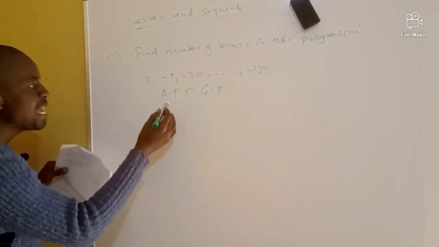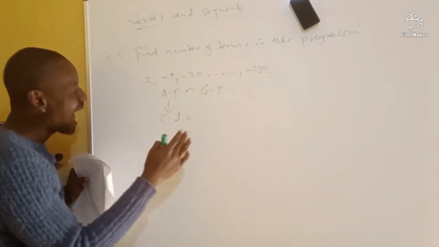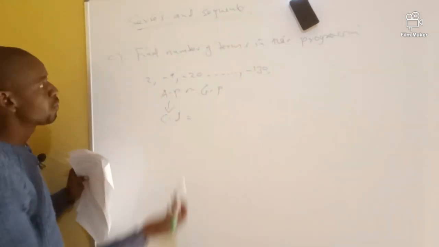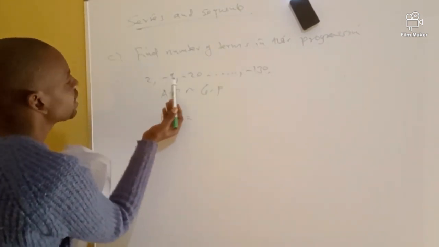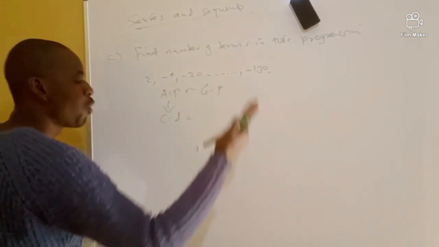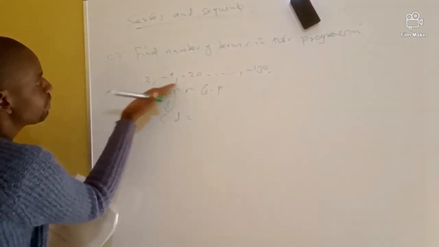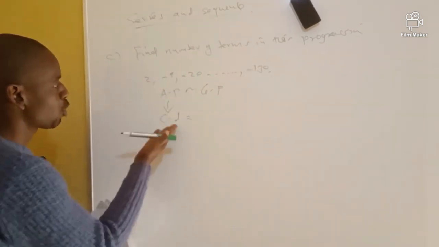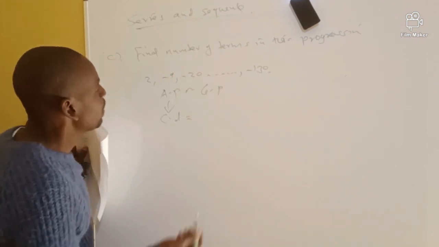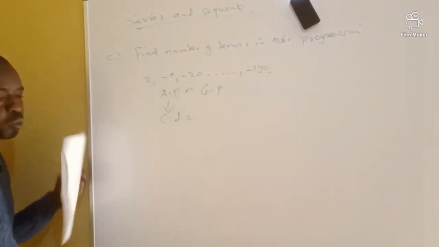If it is an AP, it has a common difference, so the difference between consecutive numbers should be the same. But if it is a GP, it has a common ratio, so when you divide the second term by the first, the third by the second, that ratio should be the same.